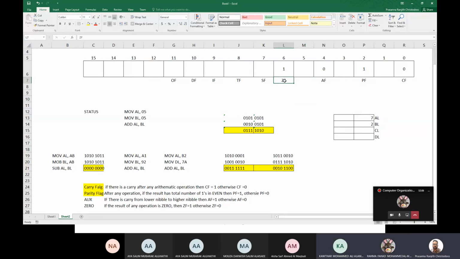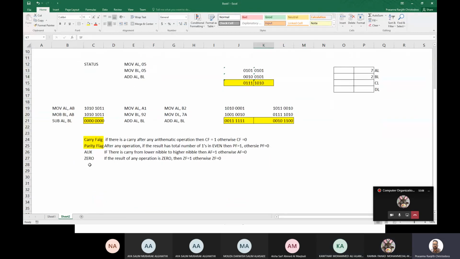Next one is the sign flag. The sign flag is very easy. If the result is negative, then the sign flag equals 1. Otherwise, the flag equals 0.